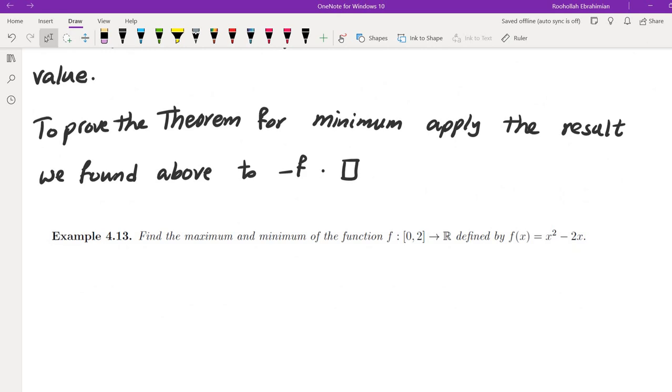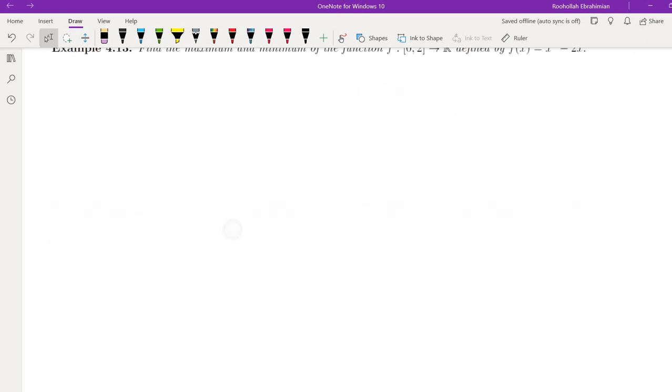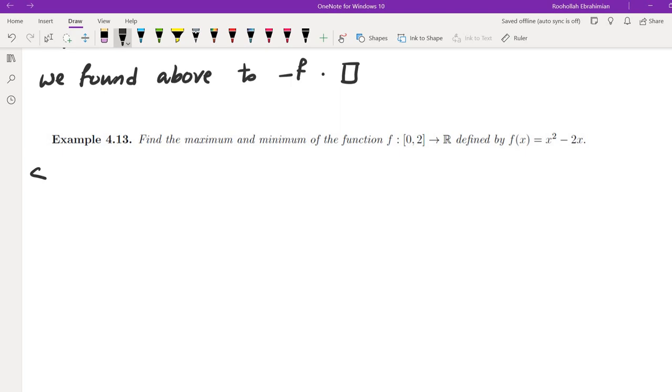Okay, so the last thing we're going to do today is an example on finding maximum and minimum values of a function. Keep in mind that existence of a maximum and minimum was proved in the extreme value theorem, but no algorithm was given for finding that maximum or minimum.